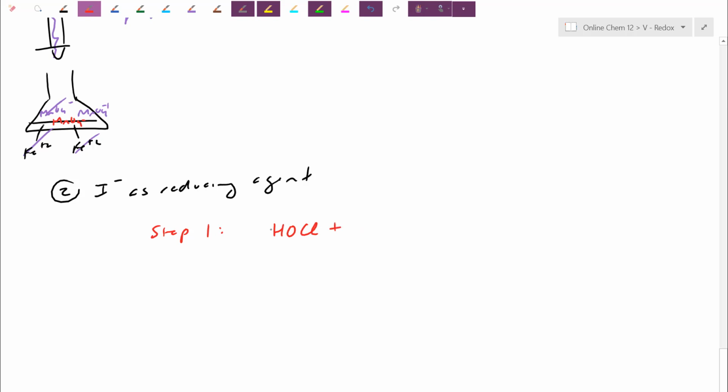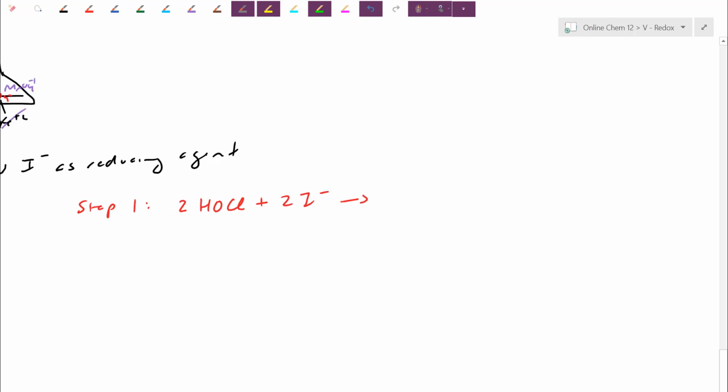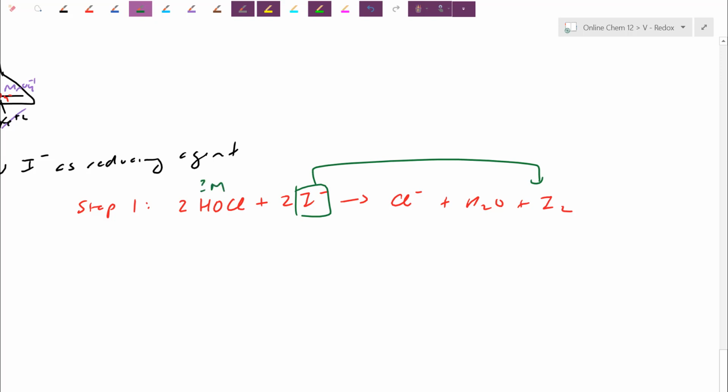HOCl is going to react with 2I- becoming Cl-, H2O, and I2. Step 1 converts all the I- into the I2 form. In fact, I may not know the concentration of this HOCl, so what we're going to toss in is an excess of I-. Usually this will require acidic conditions as well.